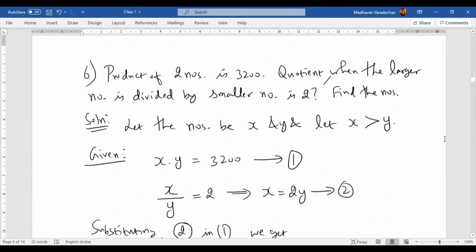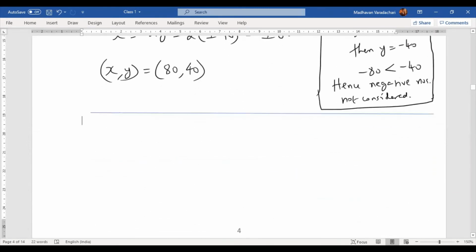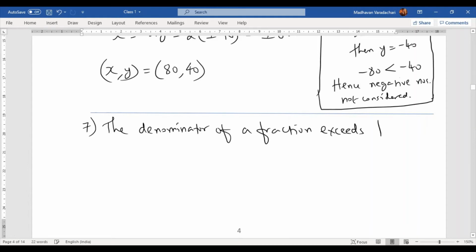Next question, which is the seventh question. The denominator of a fraction exceeds the numerator by 2.